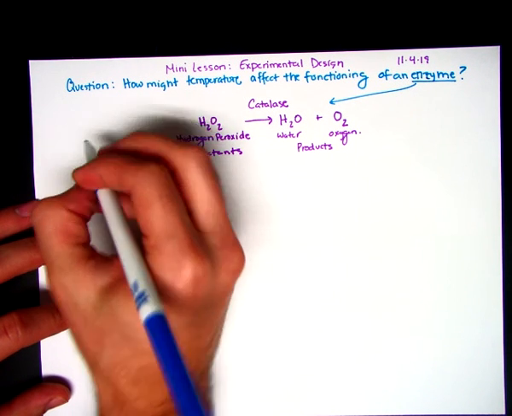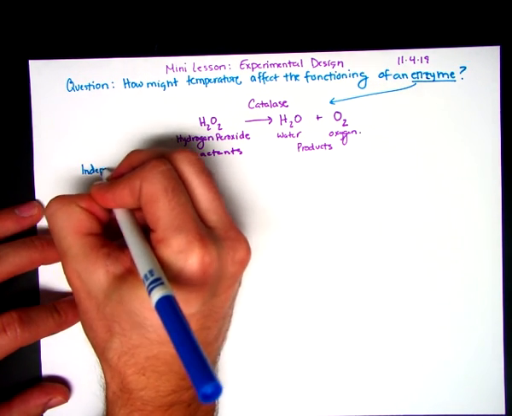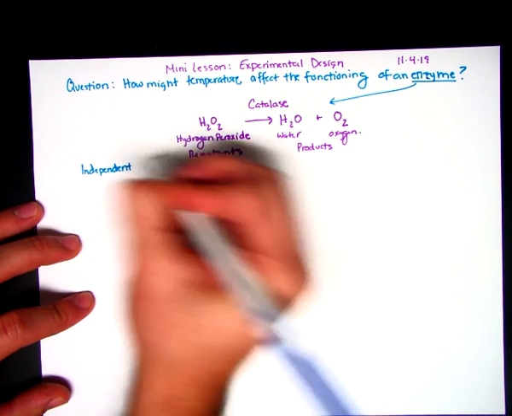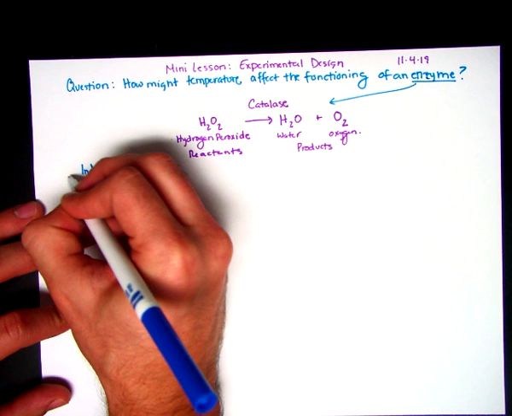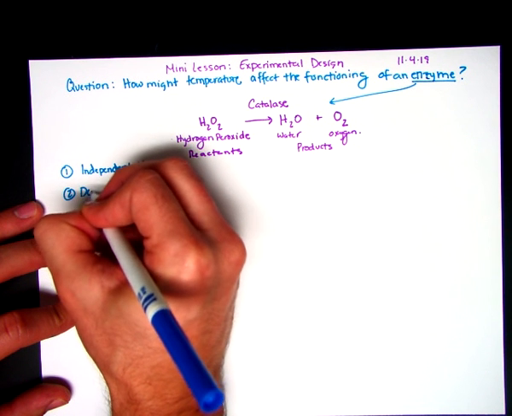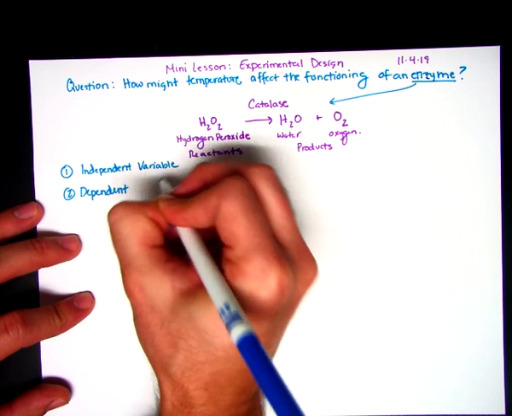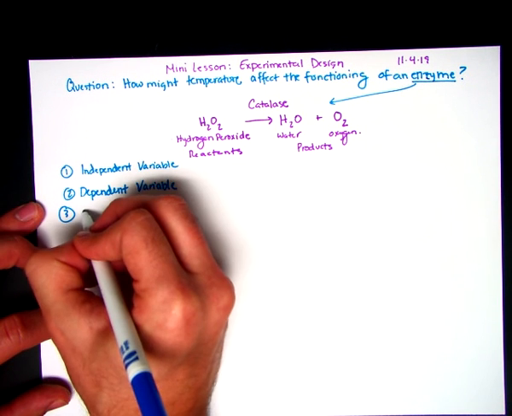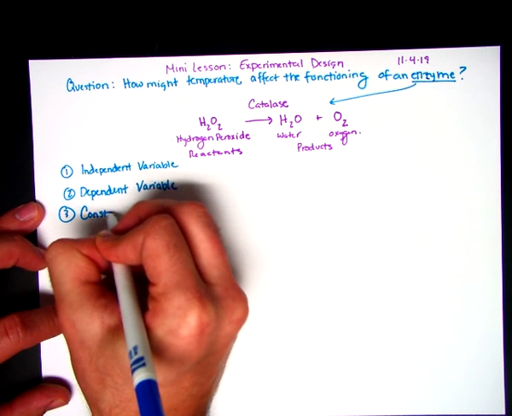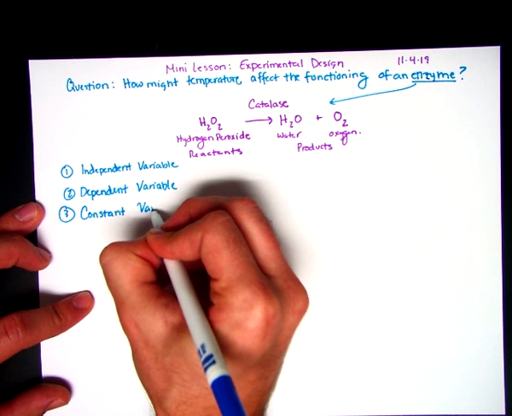First term is called an independent variable. Second one is our dependent variable. And then the third one is called a constant variable, and there's usually multiple.